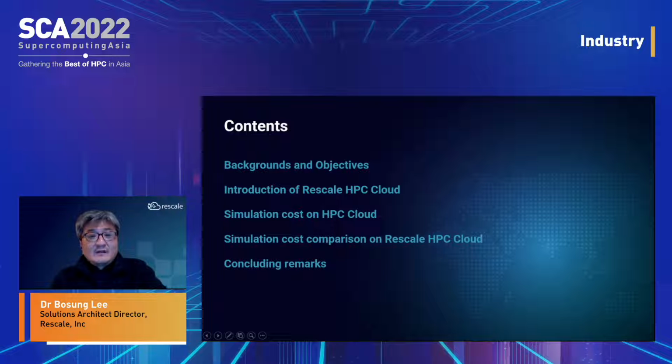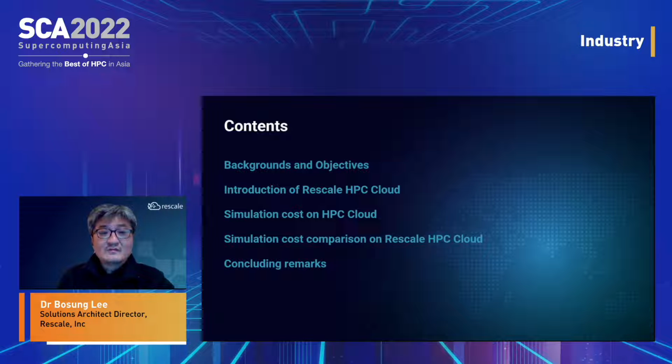In this presentation, we will discuss some topics. At first, the background and objectives of this presentation will be explained. Next, I will briefly introduce the Rescale HPC Cloud. After that, the components of the simulation cost will be discussed in terms of the hardware infrastructure cost, and the commercial simulation software license model will be explained.